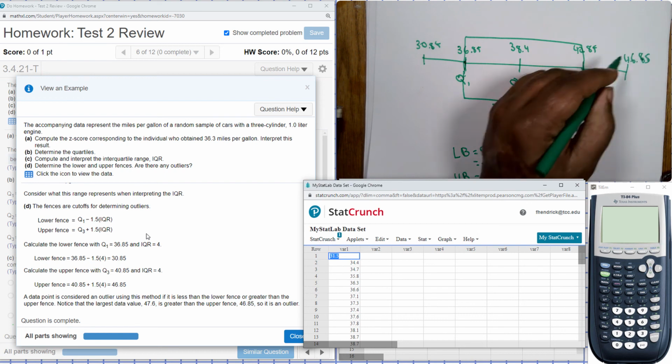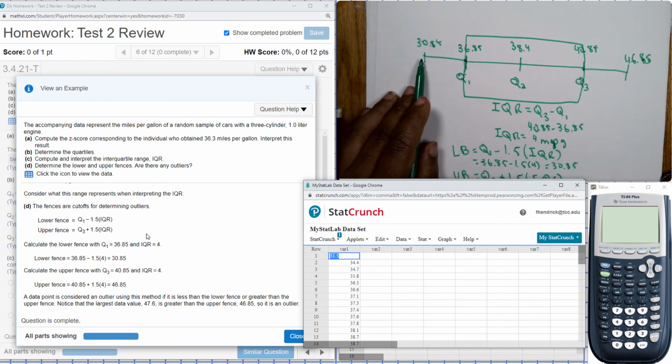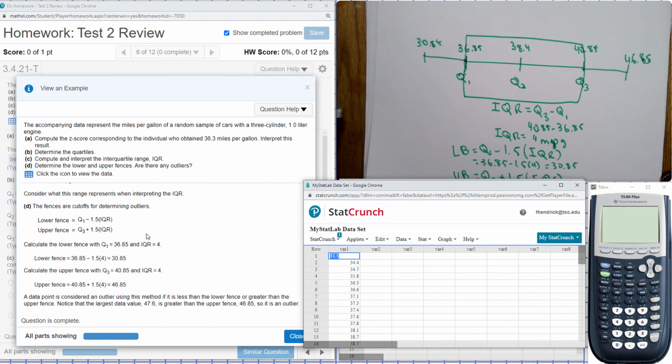So anything beyond 46.85 and less than 30.85 is going to be considered an outlier. So in this case, in the data set, we have a 47.6.